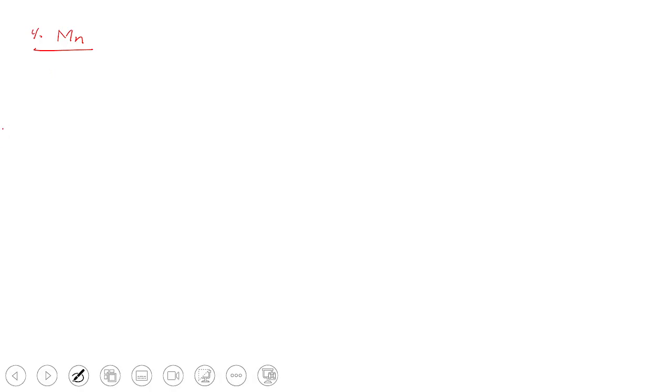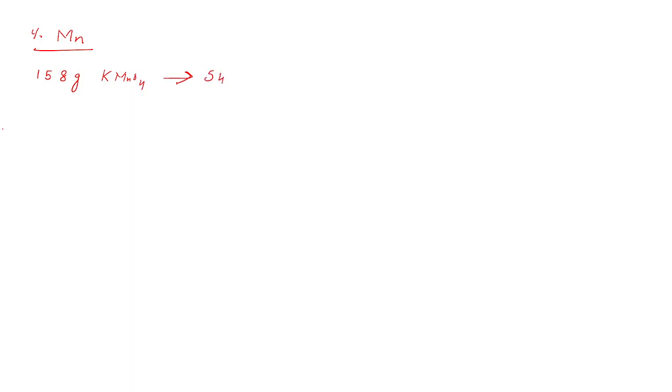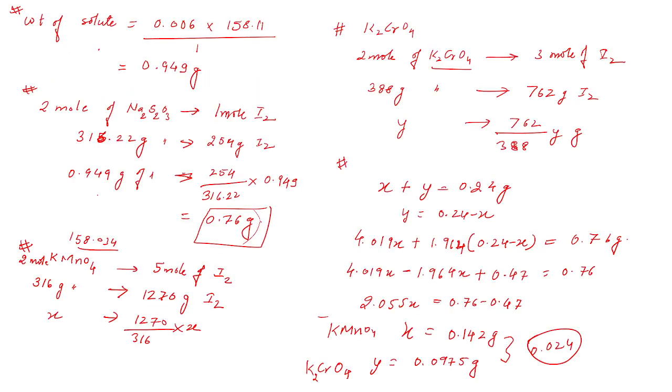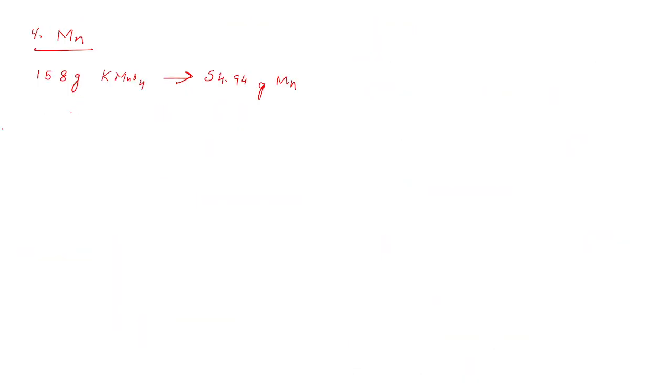KMnO4, so mass of KMnO4 is 158 gram, and 158 gram KMnO4 has 54.94 gram of Mn. Then how much is there in 0.142 gram?